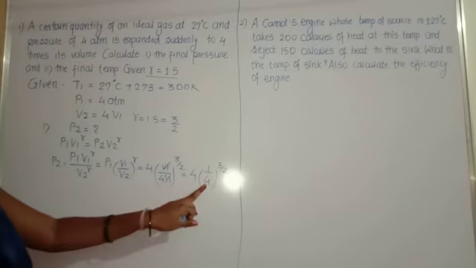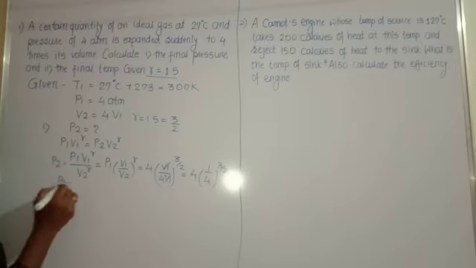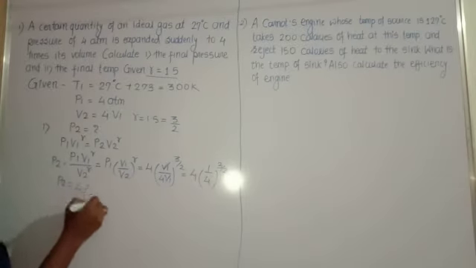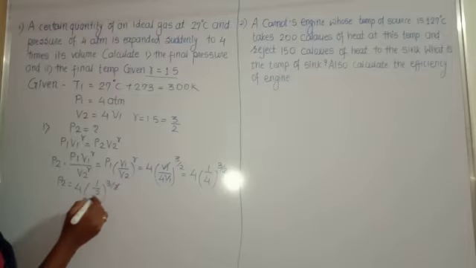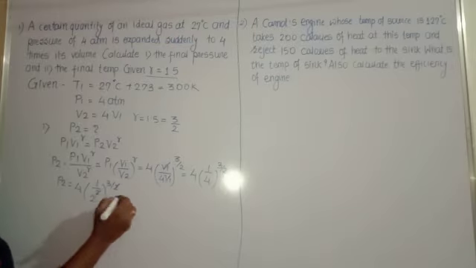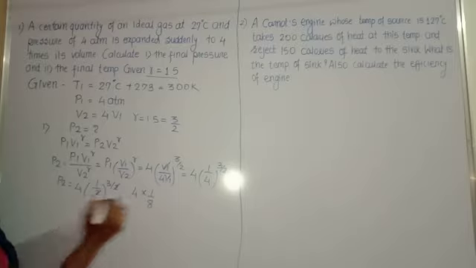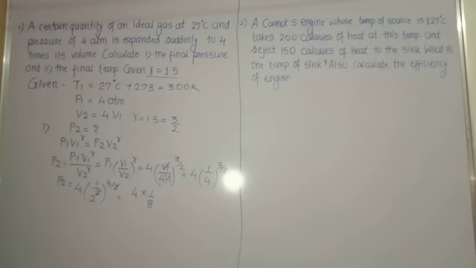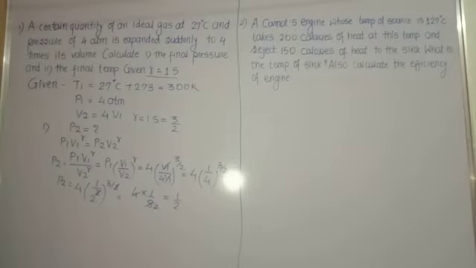So we convert this 4 as 2 square. We write P2 is equal to 4 times (1 by 2 square) to the power 3 by 2. So the 2 cancels, we get 2 cube, that is 4 into 1 by 8. 2 cube means 8. So 4 by 8 is equal to 1 by 2.